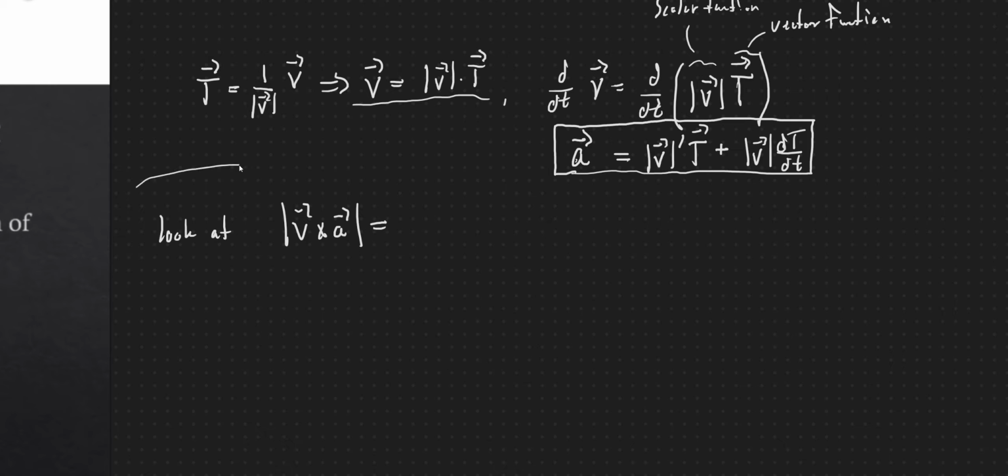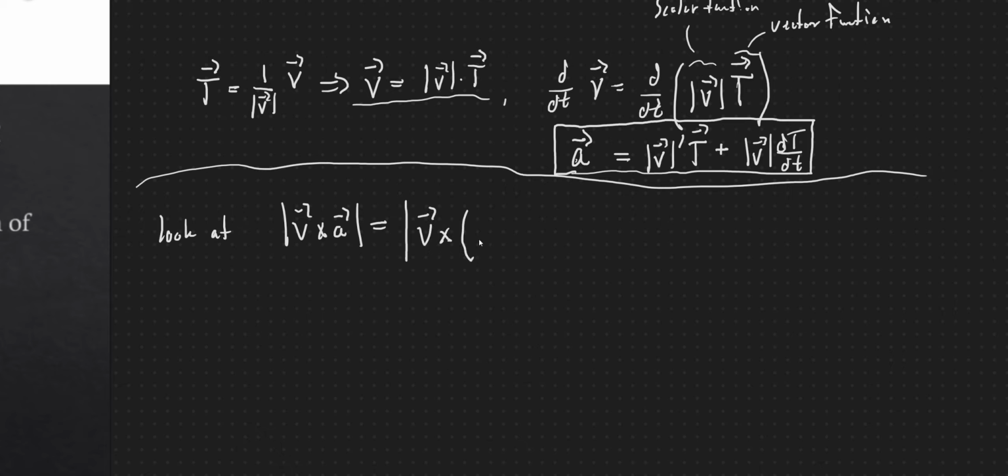Like I said, the whole formula comes from looking at the magnitude of v cross a. So this is the magnitude of v cross, and I'm going to express a here as magnitude of v prime times the unit tangent vector plus magnitude of v times T prime, the derivative of the unit tangent vector.